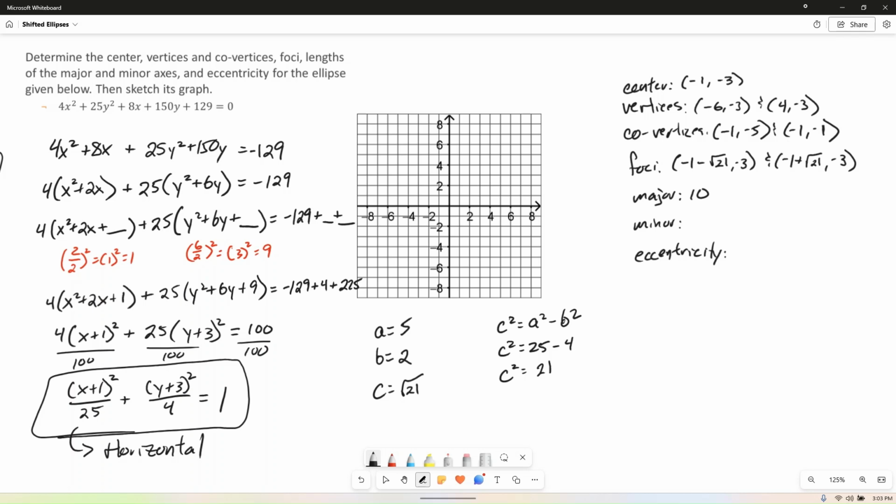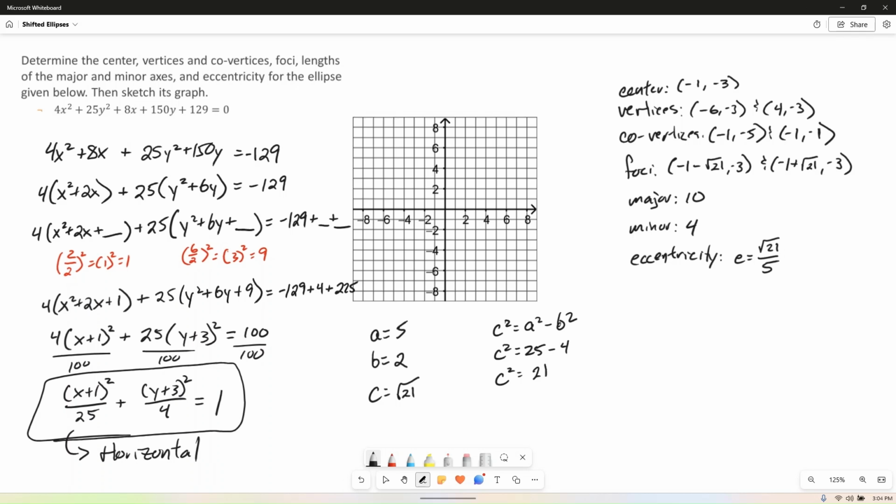The minor axis is going to be 2B, which is 4. And the eccentricity is going to be the square root of 21 over 5. And again, that doesn't really simplify, but we can go ahead and compute it. That's going to roughly be 0.92.